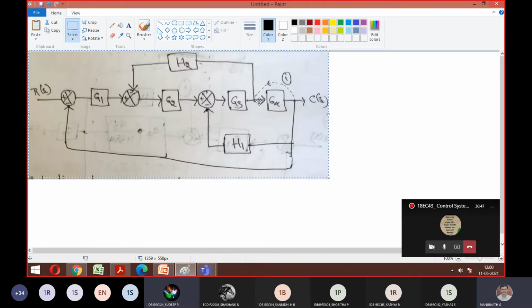Proceed to solve. Let me see what you will solve. After solving so many problems, you are still struggling to get to the answer. So first hint is given: move this point here. What is going to happen?